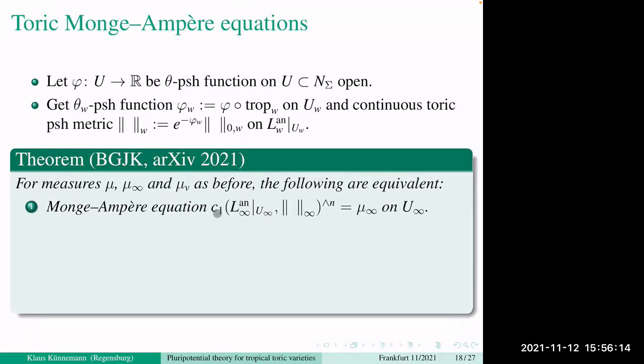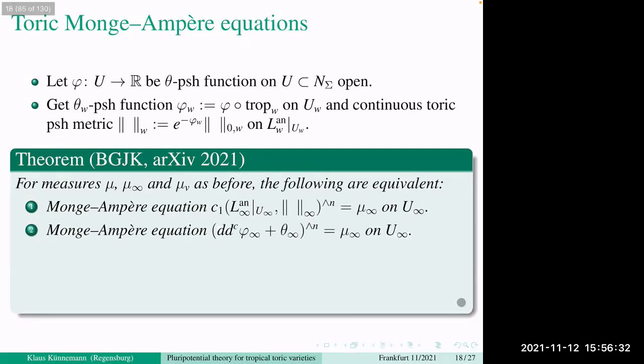You look at the first Chern class of the line bundle with this metric. Here, as before, this is now a PSH metric. So this first Chern form is a positive current, so you can take the wedge product here and ask whether this is my mu infinity. If you compute this, you see that these two terms are the same.